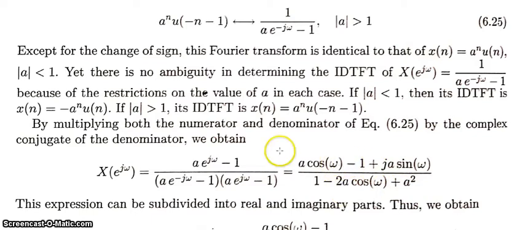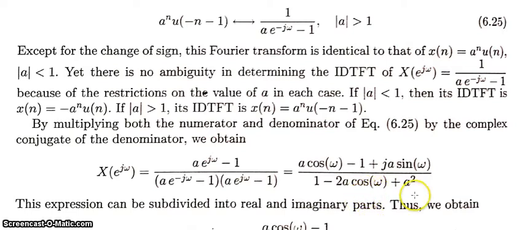In the numerator they have made use of the relation e raised to j omega equal to cos omega plus j sin omega. Also, in the denominator they have multiplied these two, and cos omega is e raised to j omega plus e raised to minus j omega by 2.